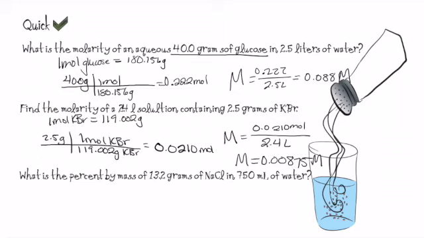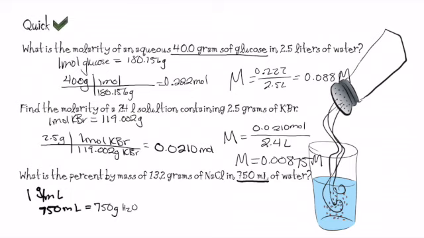So our first step is we need to know how many grams are in 750 milliliters of water. We know that the density of water is 1 gram per milliliter, so 750 milliliters is equal to 750 grams of water.